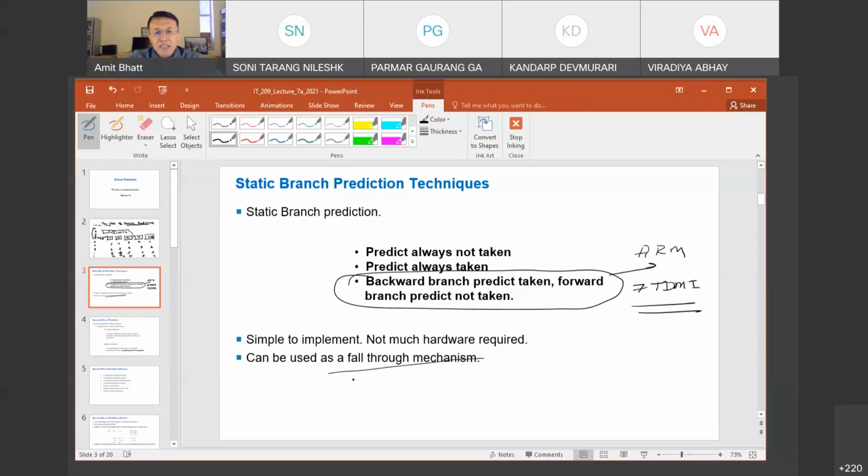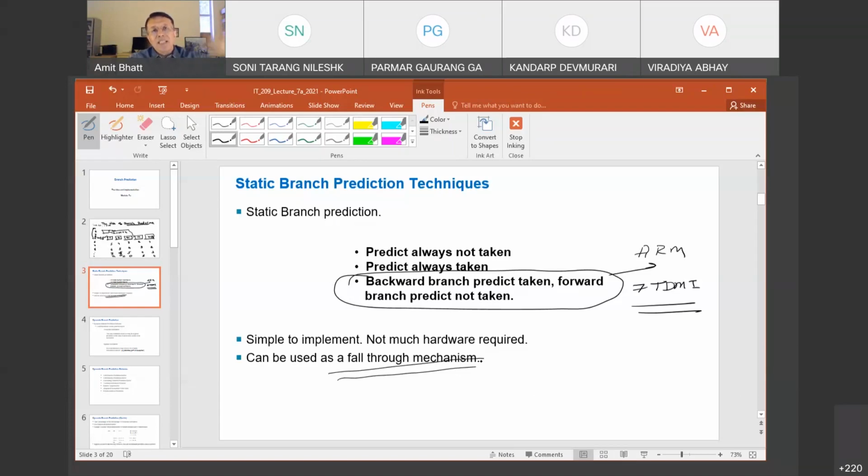So what it means is that fall through mechanism means we are going to study other types of branch predictor which are a little more sophisticated, because not all branches are like loops. There are certain branches that are sort of conditional, that if the answer is even, go to this particular statement, or if it is odd, go to that particular statement, right?